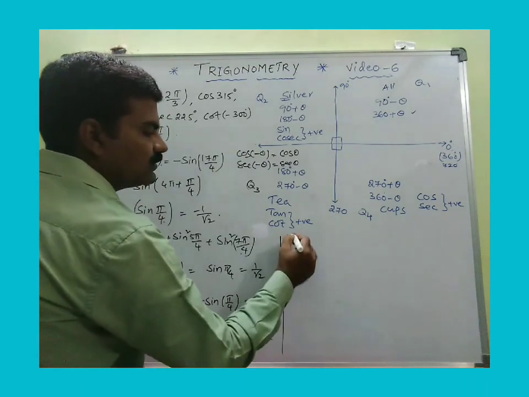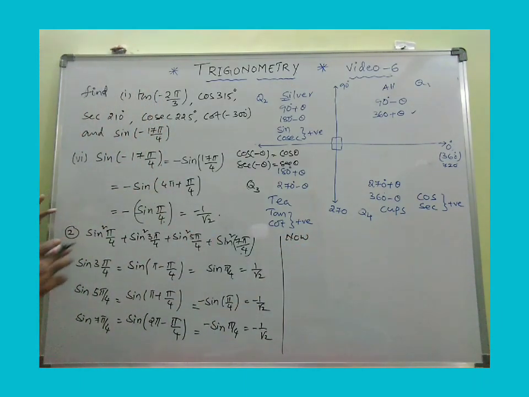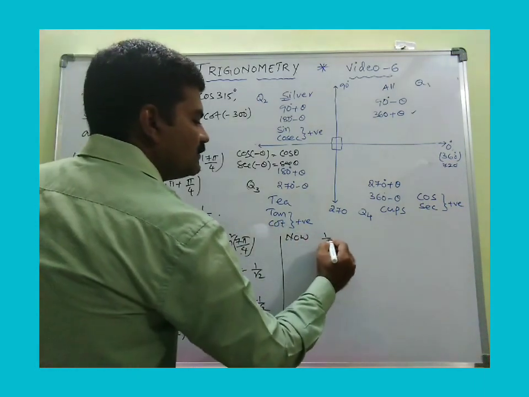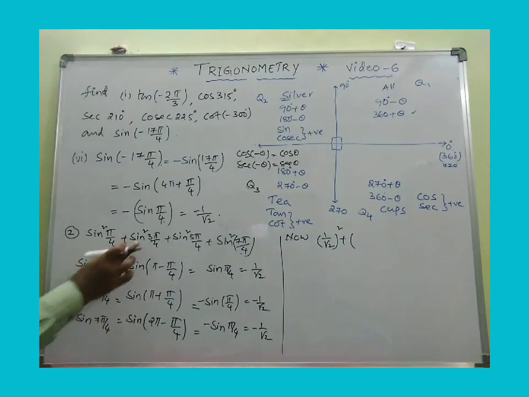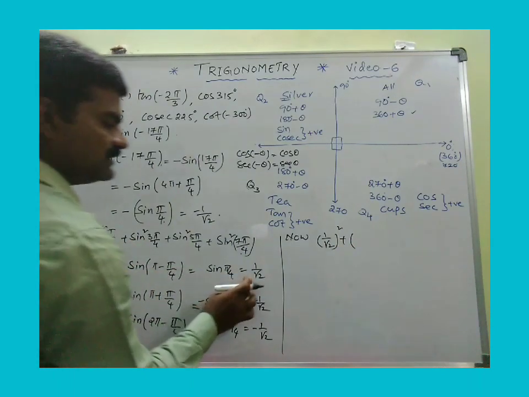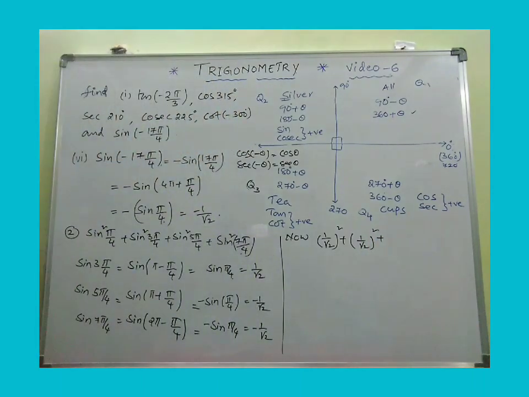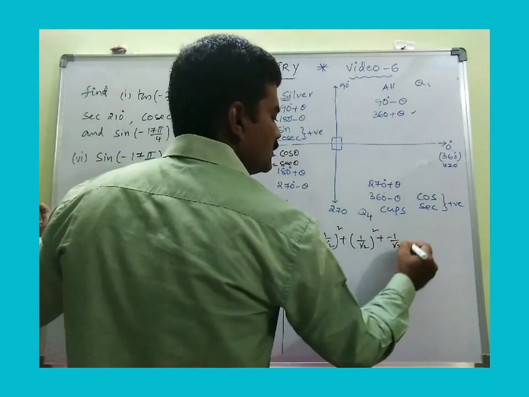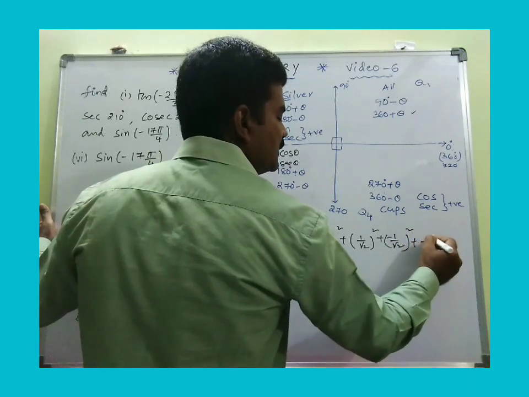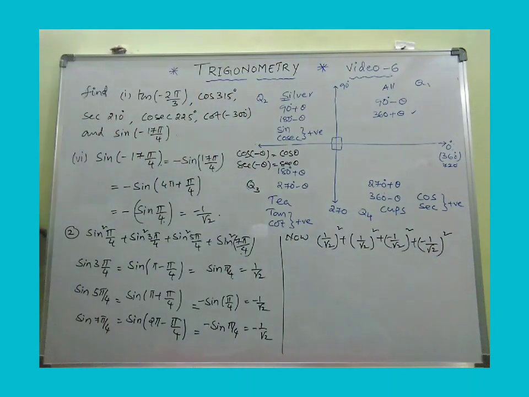Now if you substitute all these values in the question, sine pi by 4 is 1 by root 2 whole square, plus sine 3 pi by 4 we got also 1 by root 2 whole square, plus sine 5 pi by 4 value is minus 1 by root 2 whole square, plus 7 pi by 4 value is also minus 1 by root 2.